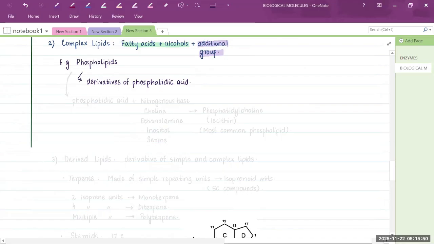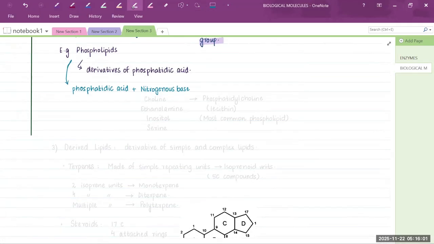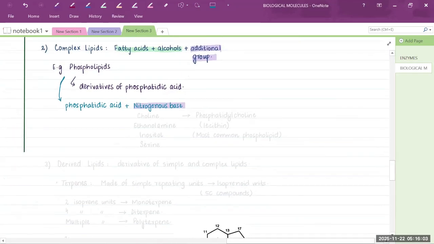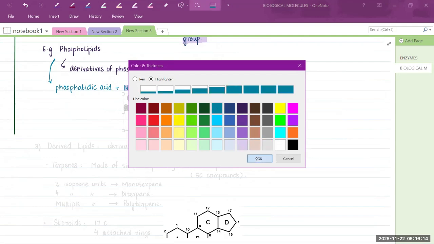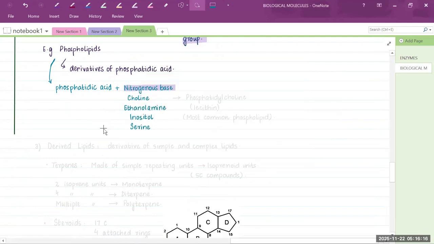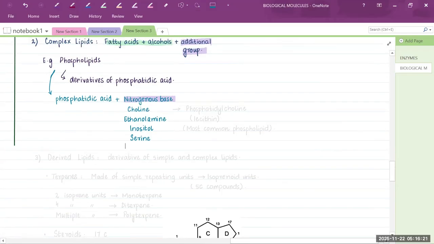So how are phospholipids formed? Basically, we'll have phosphatidic acid plus a nitrogenous base. This will form the phospholipid. There are different types of substances that can be added to phosphatidic acid, for example choline, ethanolamine, inositol, and serine.